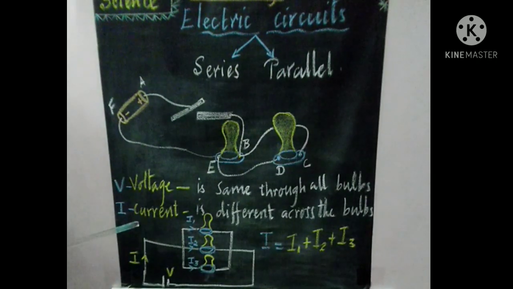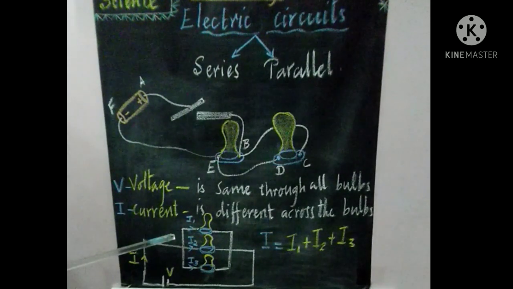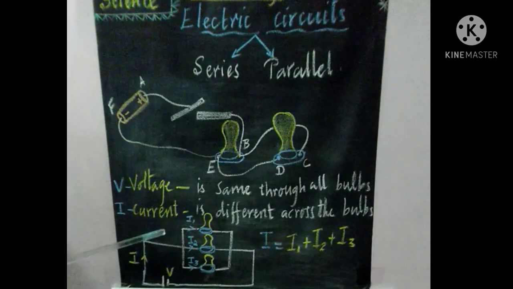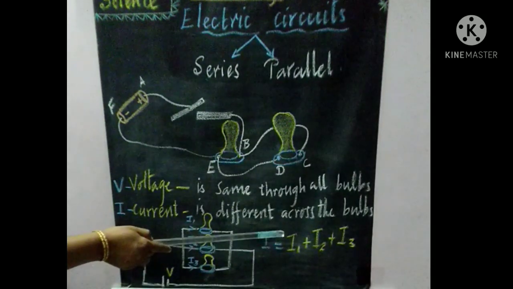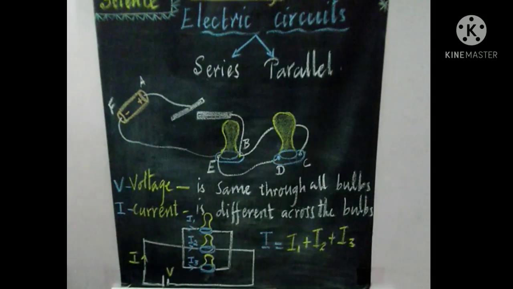So how can this current be calculated? It is the sum of the individual currents flowing through the resistances. I is equal to I1 plus I2 plus I3. This is the simple circuit diagram to show the parallel circuit.